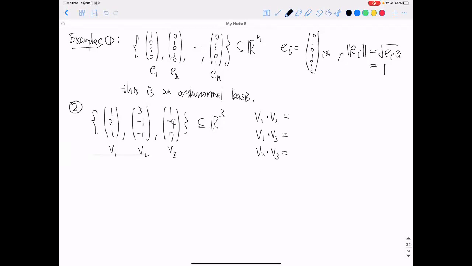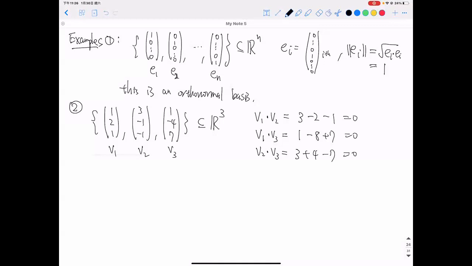v1 dot v2 is 3 minus 2 minus 1, which is 0. v1 dot v3 is 1 minus 8 plus 7, still 0. v2 dot v3 is 3 plus 4 minus 7, still 0.